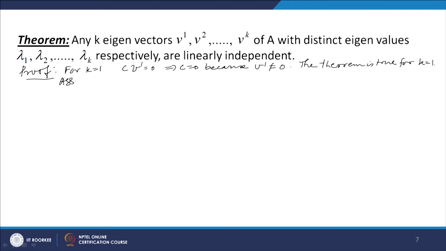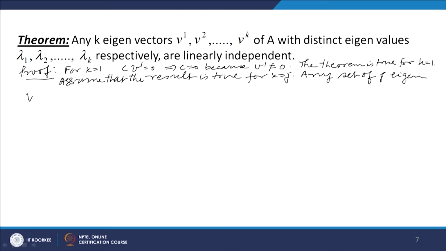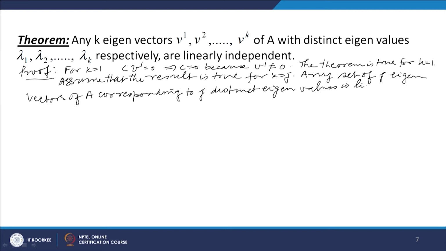So, assume that, which means that any set of j eigenvectors of A corresponding to j distinct eigenvalues is linearly independent.